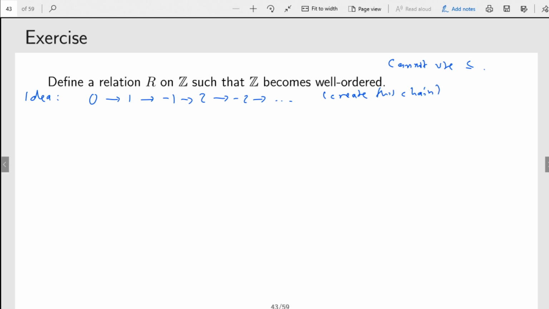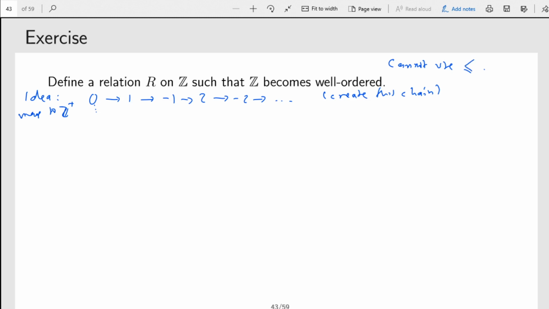So we define a function, or we sort of map this to Z plus, because we already know that the set of positive integers together with the less than or equal relation is well ordered.